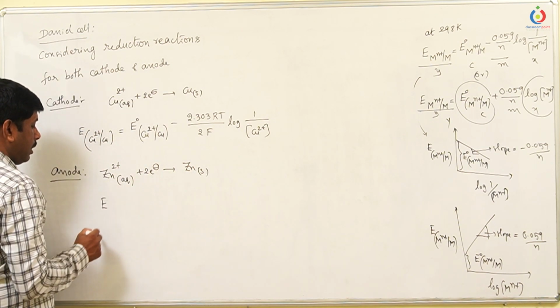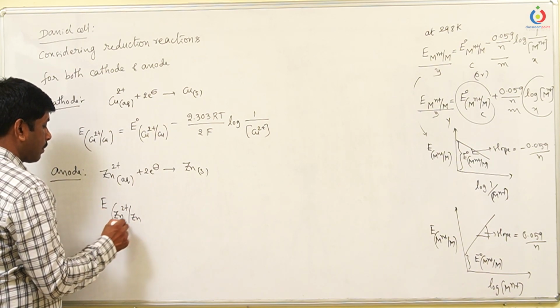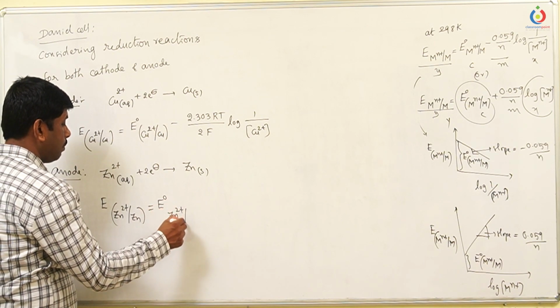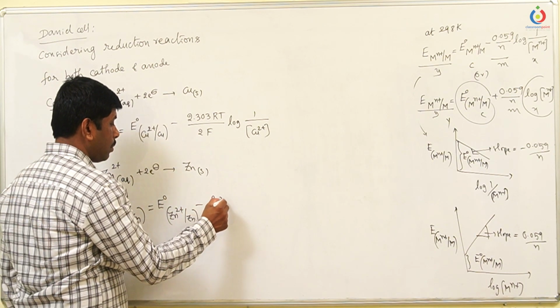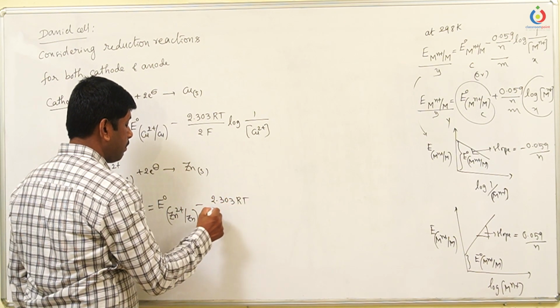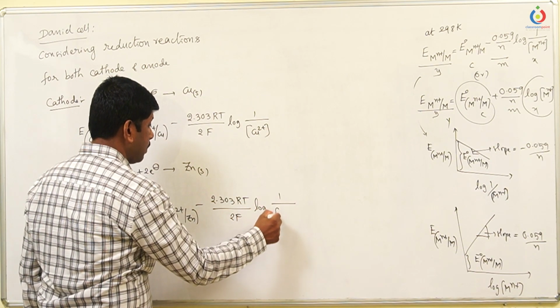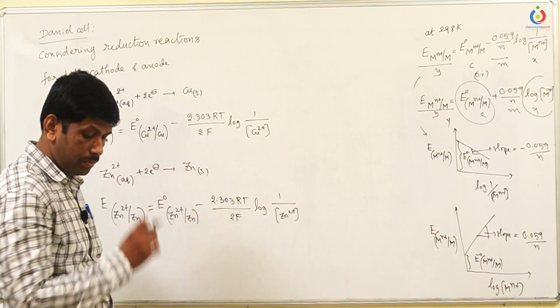So E of Zn2 plus by Zn is E naught of Zn2 plus by Zn minus 2.303 RT by 2F into log 1 upon the concentration of Zn2 plus ions.